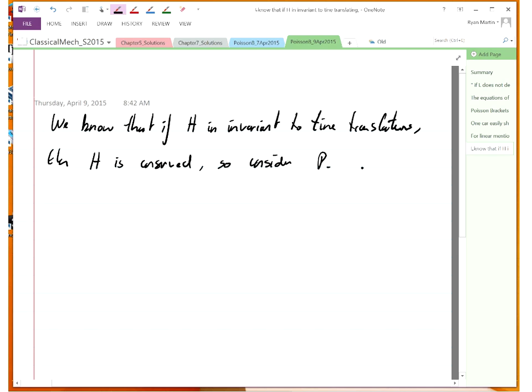So consider Poisson brackets with H. So in particular, let's consider what the transformation would be, what f prime would be if I take f plus the Poisson bracket of f with H. I'm sorry, maybe we'll call it a dt this time. No, we'll call it, no, sorry.